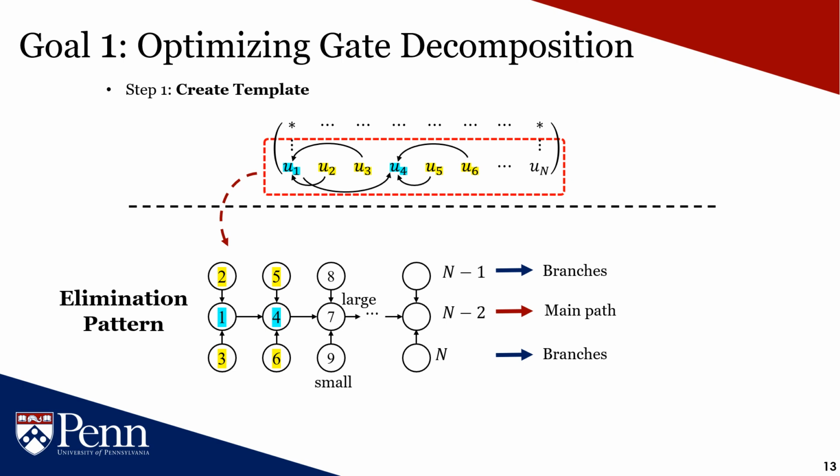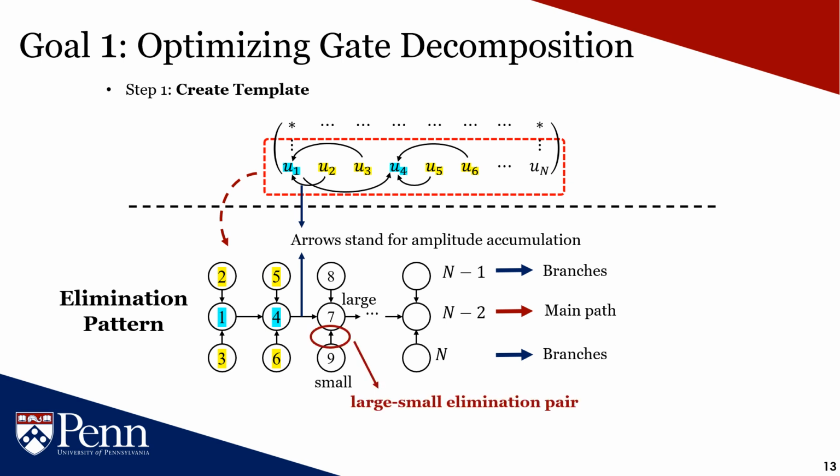The other 2, we call branches. The arrow stands for how the elimination goes, and also stands for the amplitude accumulation, which means the amplitude on the main path will grow larger and larger. Thus, when we use the main path to eliminate branches, a large-small elimination pair will be created, which generates a beam splitter close to identity.